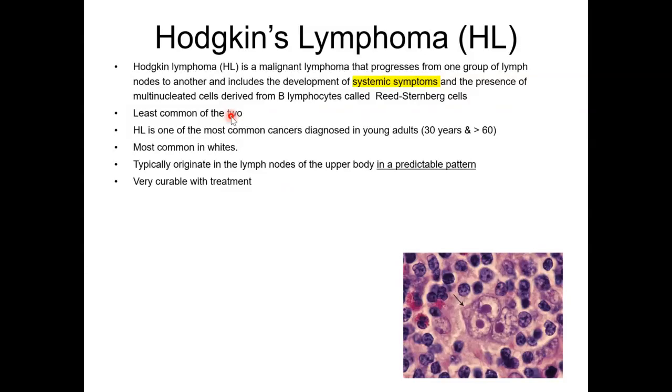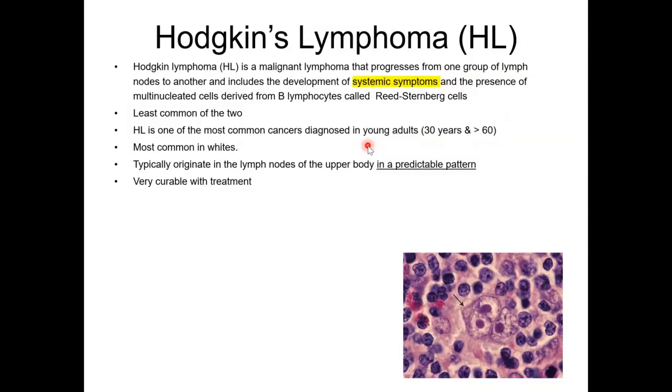Hodgkin's lymphoma is one of the most common cancers diagnosed in young adults. They tend to have two age ranges when we see diagnoses, and they are much more prevalent right here. It's a cancer that's most common in white.